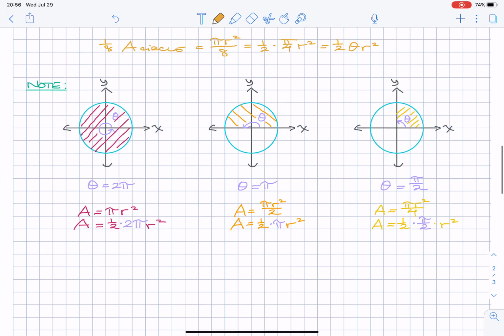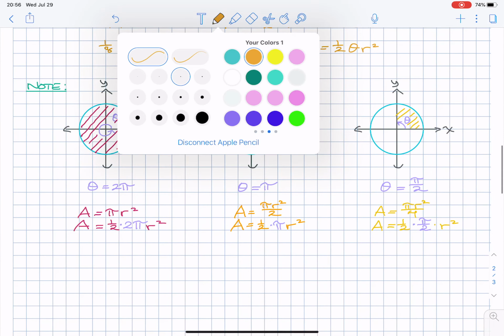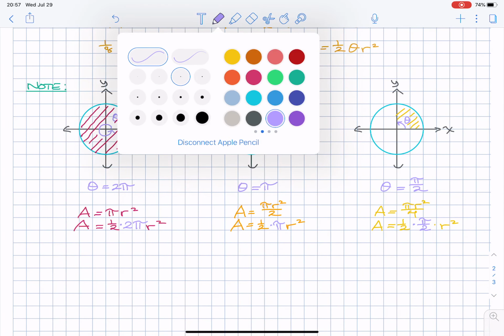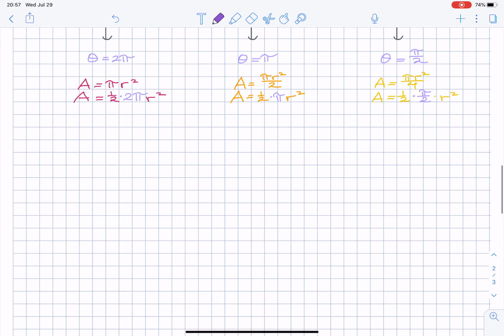So the area should be, if we did this correct, what should our theorem be? Let's do a bit darker purple. So the theorem should be as follows. I claim that the area of a sector, so let's let theta be a central angle, meaning its vertex is at the center of a circle, usually at 0, 0.